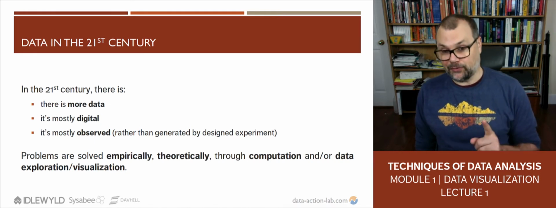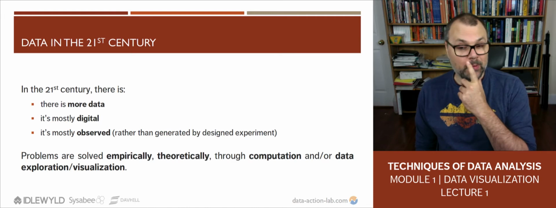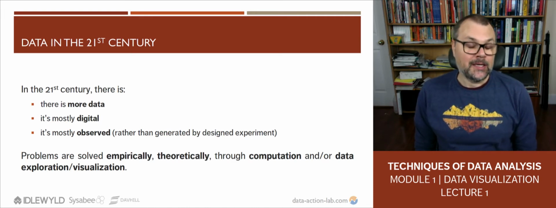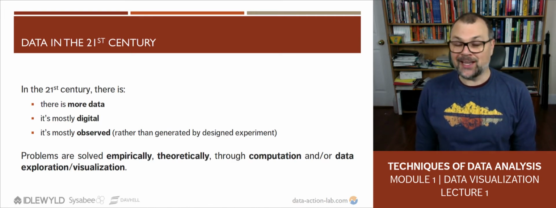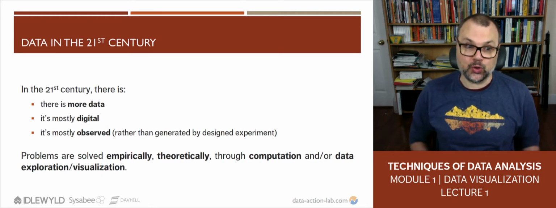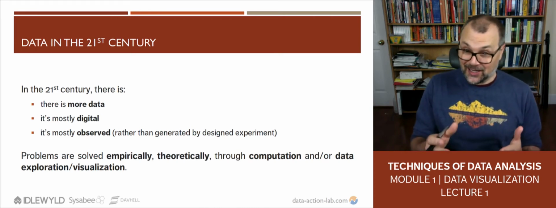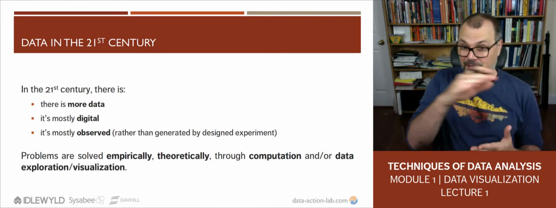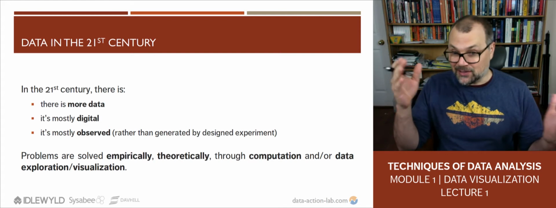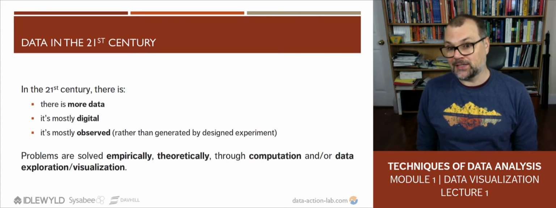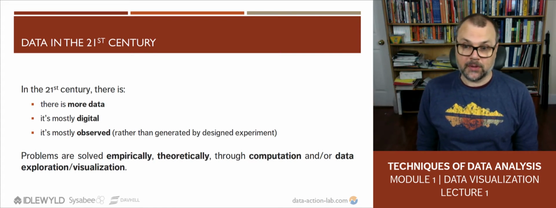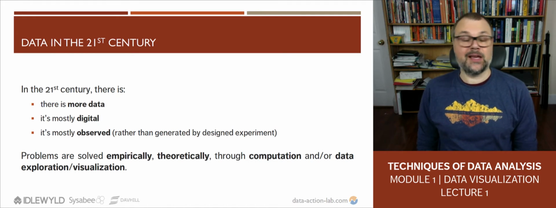And one big difference in the way we interact with data is that for the most part nowadays, data is observed as opposed to generated by an experiment which has been specifically designed to test various tenets, if you want, of a theory, or to test how a machine works. Now, you'll see a lot of statisticians nowadays have a real bone to pick with data analysis and data science in general.